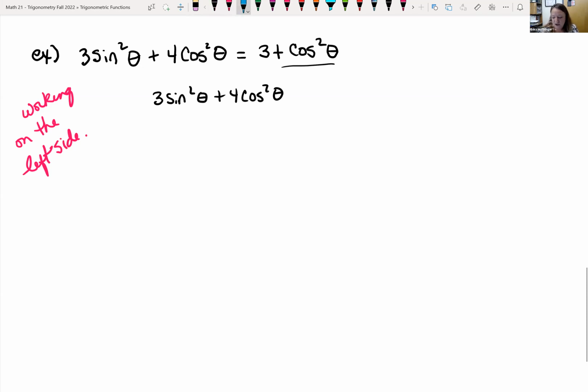And so again, we know that cosine squared theta plus sine squared theta was equal to 1. So I can rewrite sine squared theta as 1 minus cosine squared theta.